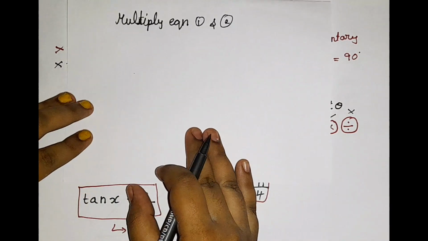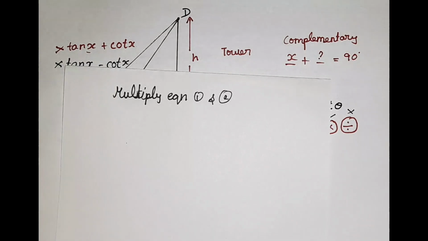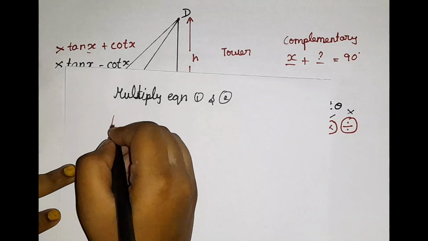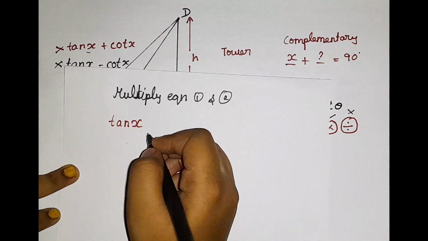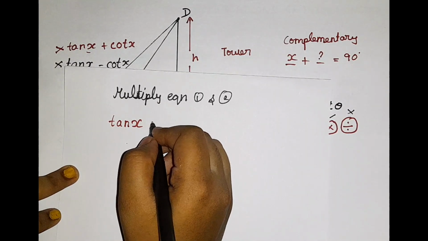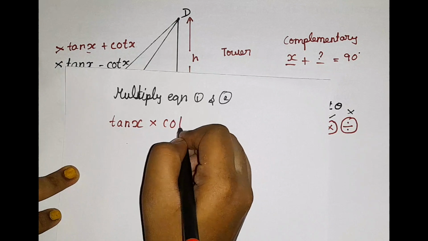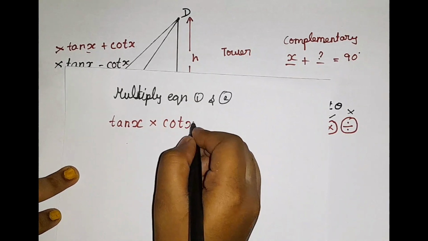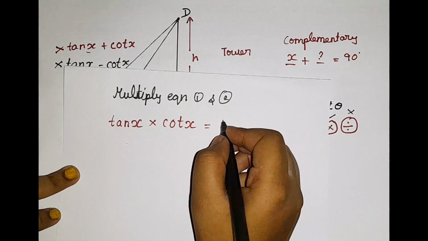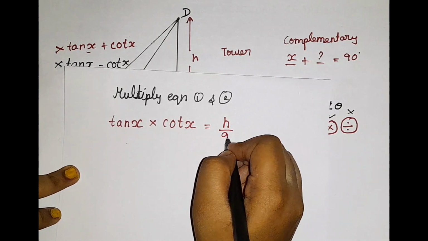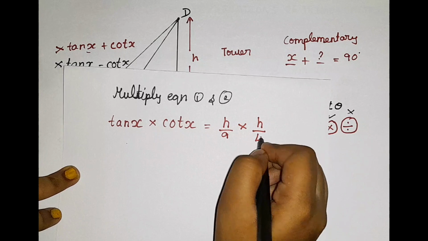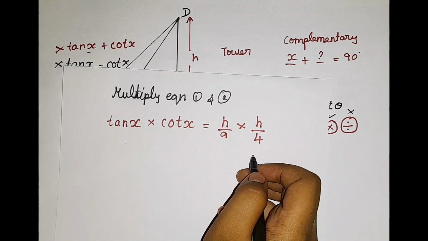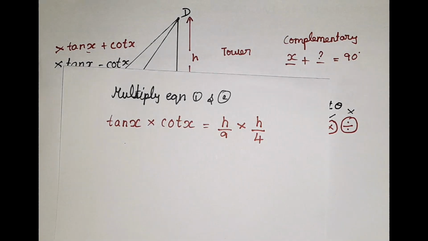According to these two equations, we can write tan x into cot x. If you don't write the into also, it means multiplication, isn't it? So it is equal to h divided by 9 into h by 4. Perfect. Now we can actually apply a formula right over here.